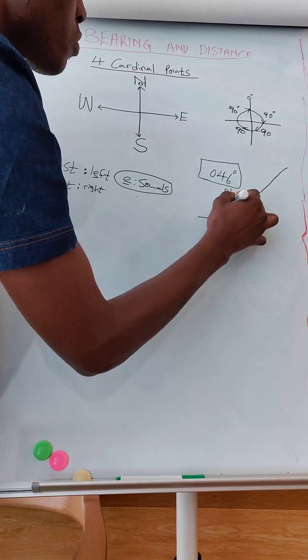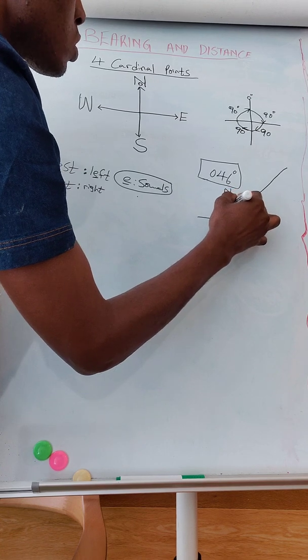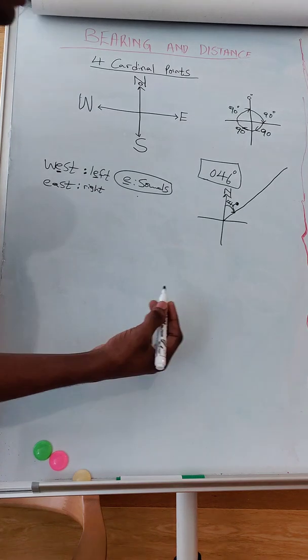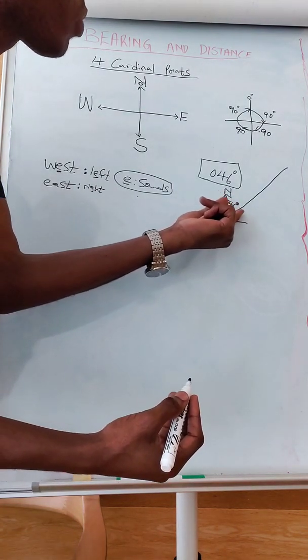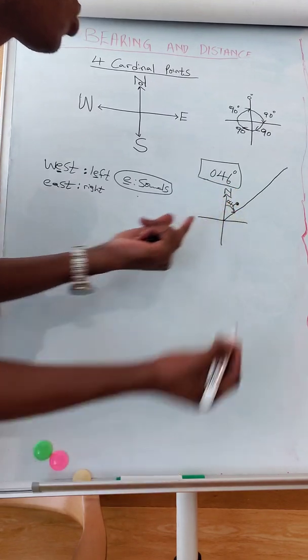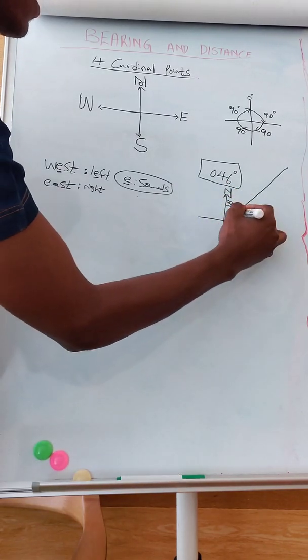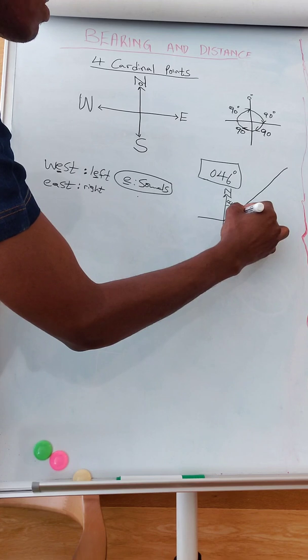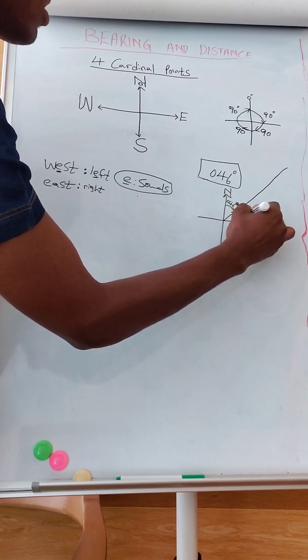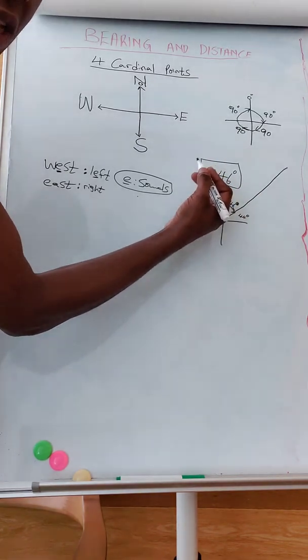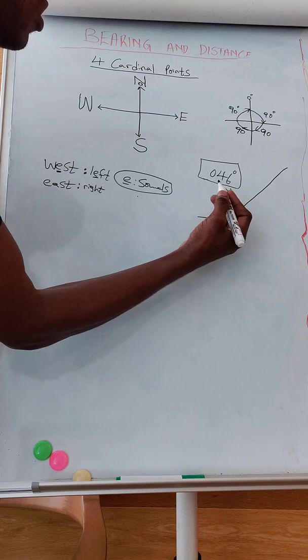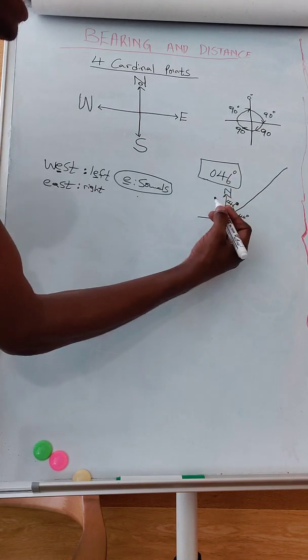This is 046 degrees. Now you have taken 046 degrees from the 90. So the remaining part here will be around 44, right? Yes, 44 degrees. But we are less concerned about this. We only want to interpret this. So 046 degrees can be drawn like that.